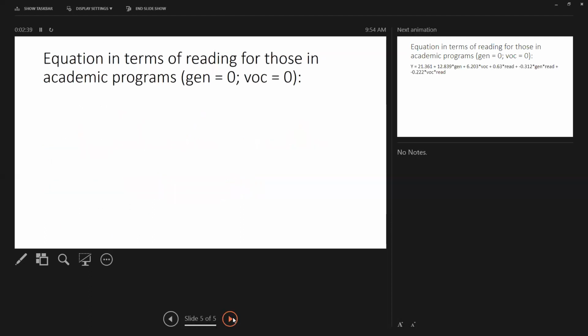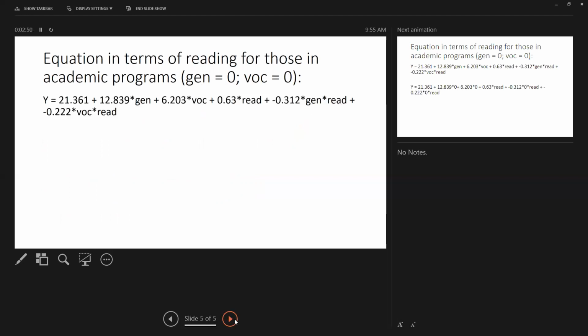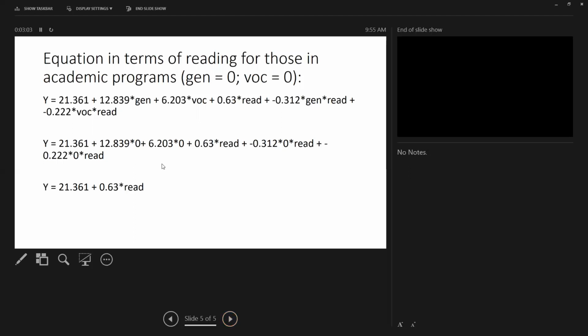We do the same thing for those in the academic track. We can identify those who are in the academic track because they would have a 0 for both general and vocational. So we would take our equation again, and now we're plugging zeros in for both general and vocational. Basically, everything reduces to just our intercept and then the value for our reading variable, which makes sense because remember, this was, again, our simple slope for reading.